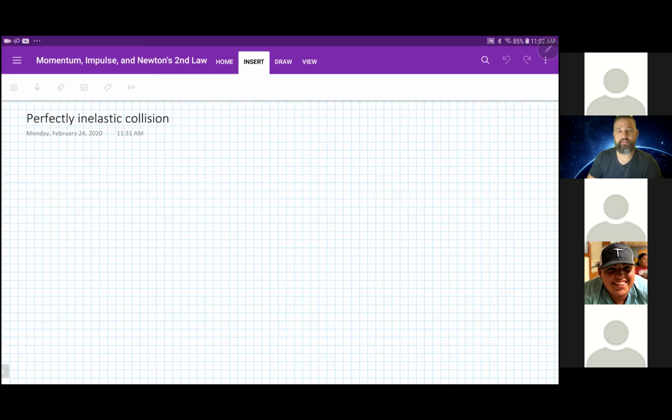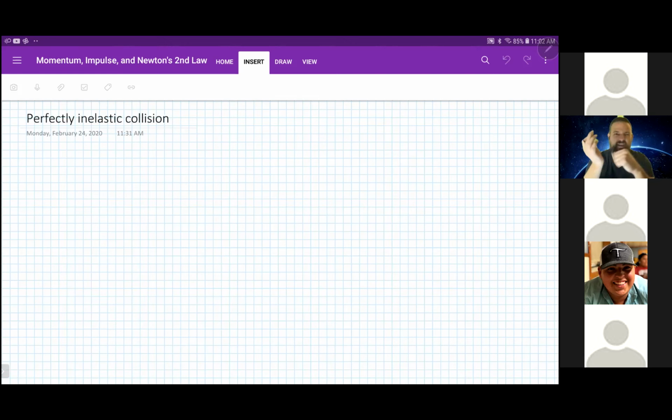All right, so that being said, let's talk about what perfectly inelastic collisions are. It's just the definition. Elastic is elastic. By perfectly inelastic, we mean that the objects collide and they stick together.